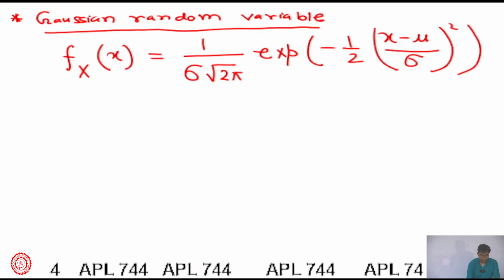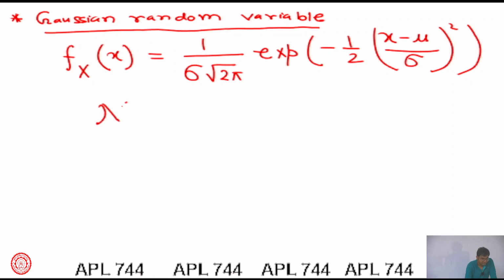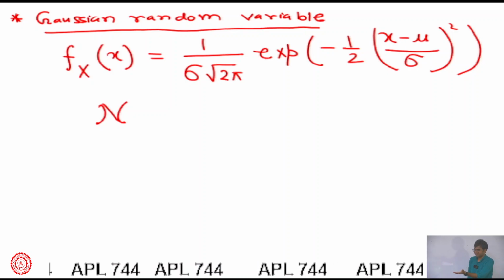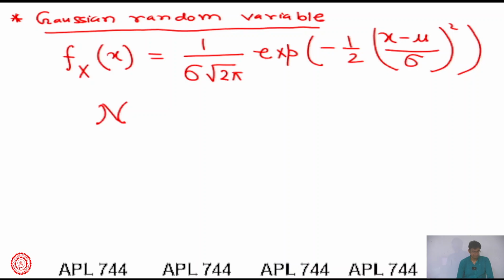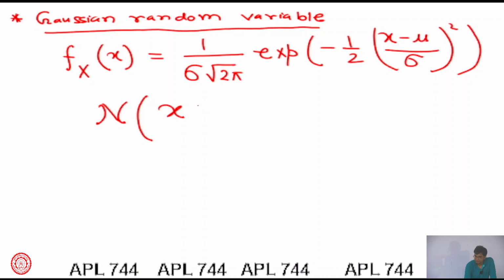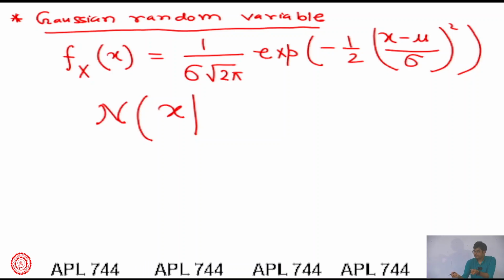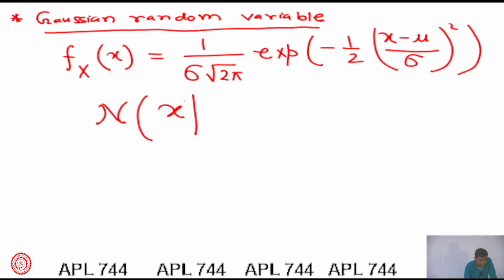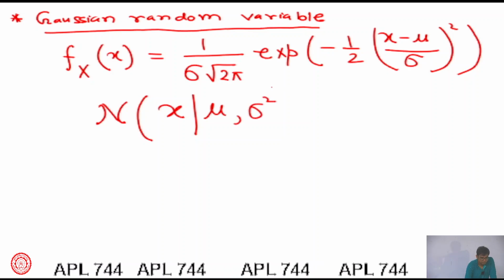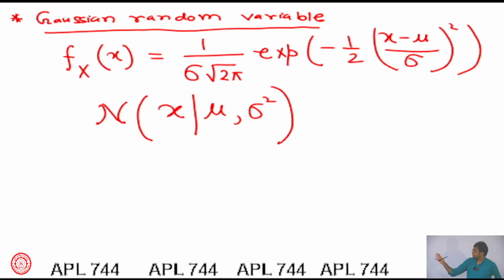Okay. And how do you write it? So, the common notation is that you use calligraphic N, because the other name of Gaussian is normal. So, that is why N, and then x is the random variable, and then you write it conditioned on the parameter values which are deterministic, mu and sigma square. This is how you represent the Gaussian distribution.